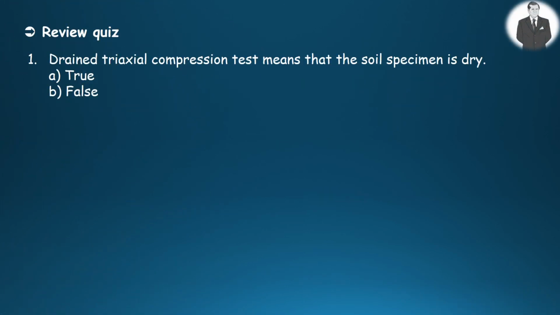Now, it is quiz time. Let us recap the main points we have learned so far. The first question, drained triaxial compression test means the soil specimen is dry. True or false? Yes, you got it. The answer is B, false. Good.